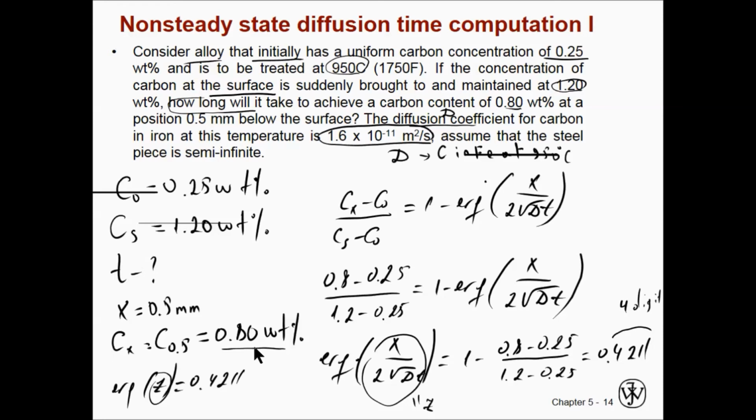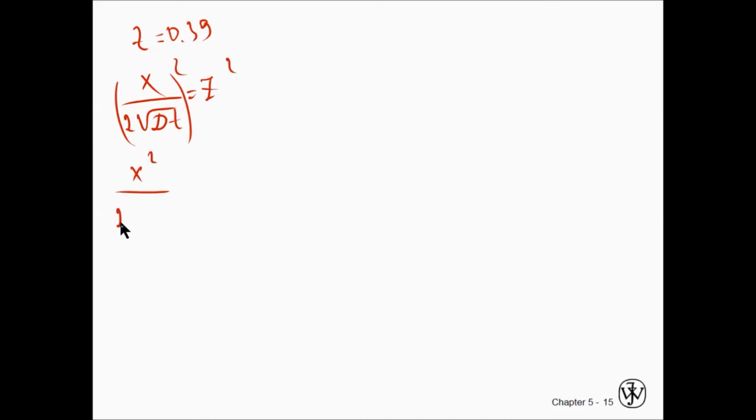Now let's continue. I don't have space over here. So z is 0.39, and if you remember, we named this one z. I will write down t equals something. That's why square everything. x squared over 4Dt equals z squared, and time will be equal to x squared over 4D z squared.